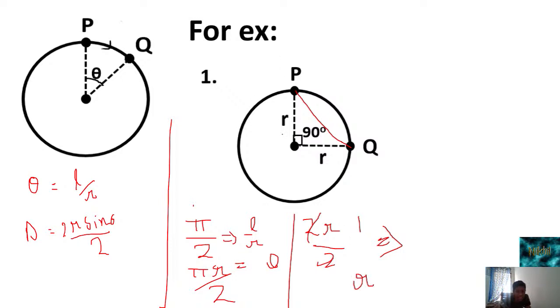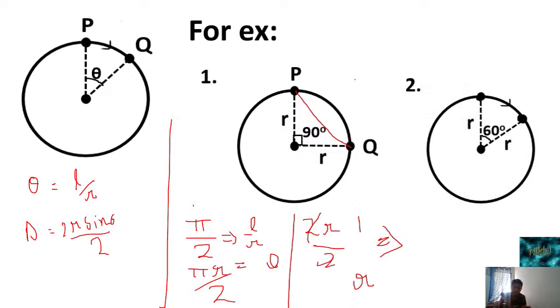R square is simply visible, no problem. Now this one will also be easy for you. Now the displacement will be something else. Let me tell you: 60 degrees can be written as pi by 3, so L is equal to R pi by 3.